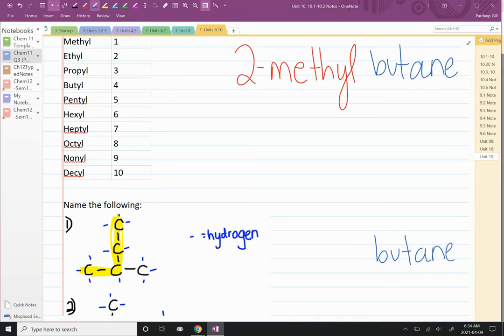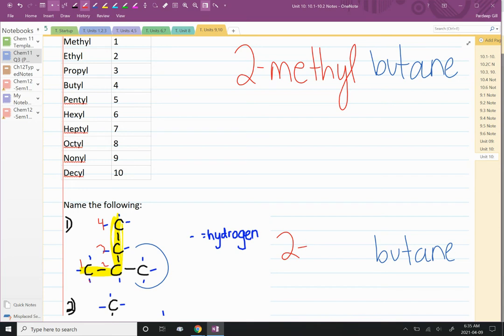We have this branched group, and now we have to see what carbon it's coming off of. So we have to look at how we're going to number. So carbon 1, 2, 3, 4, or is it going to be carbon 1, 2, 3, 4? So I like that numbering system better. So I'm going to erase these numbers, and it's going to be 2.